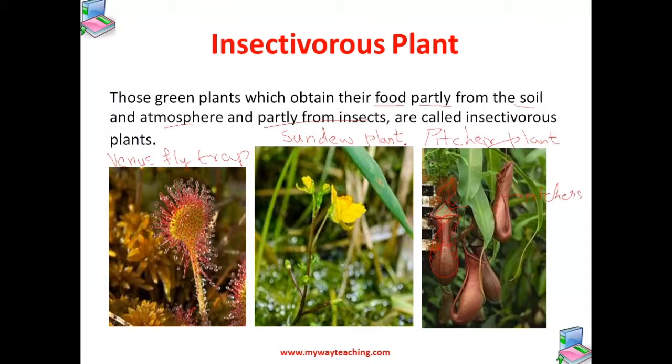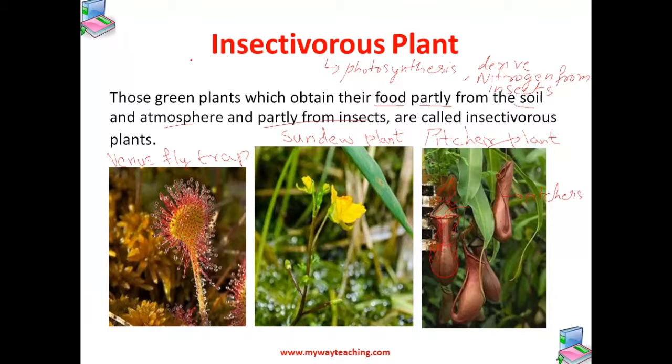So basically, we can see that this pitcher plant is green in color, right? That means all the insectivorous plants can perform photosynthesis, but for nitrogen, they derive it not from the soil, but from the insects, while other plants derive nitrogen from the soil.